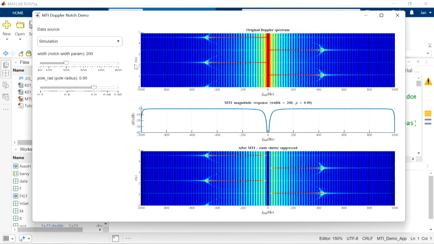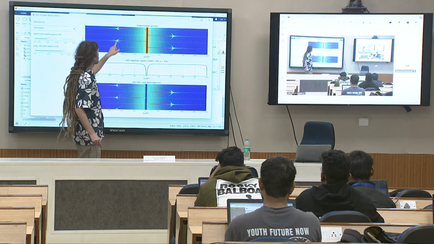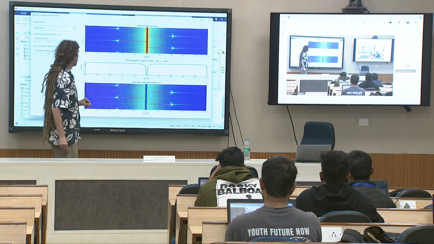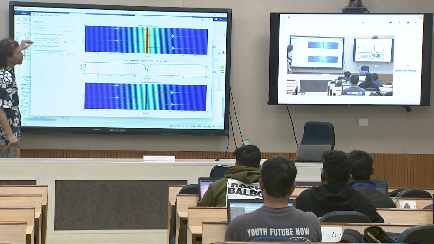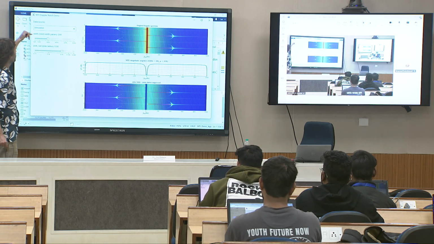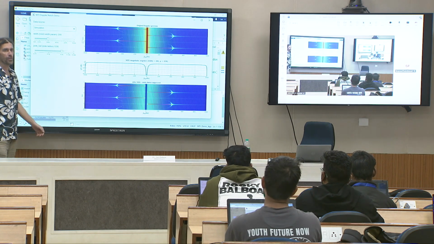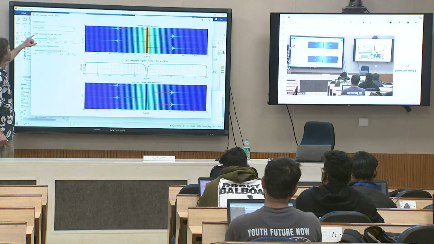So there is the original simulated Doppler spectrum. You can see that there are these three harmonics. And this is the design of my filter, and there you can see two parameters, width and pole radius. The pole radius defines how close I am to the unit circle, and then there is the width.